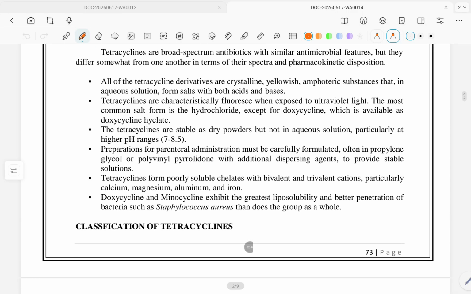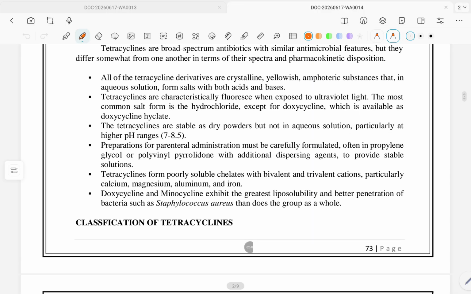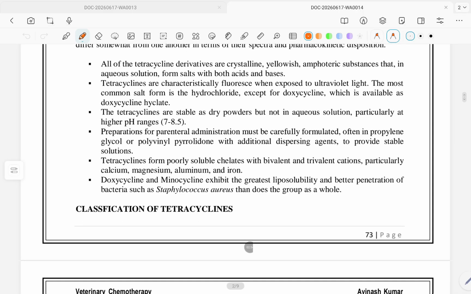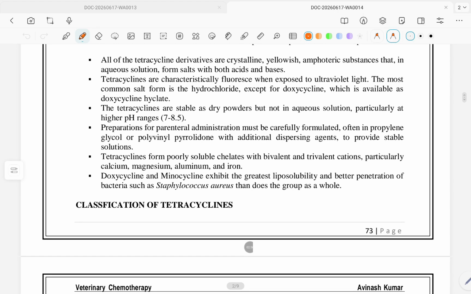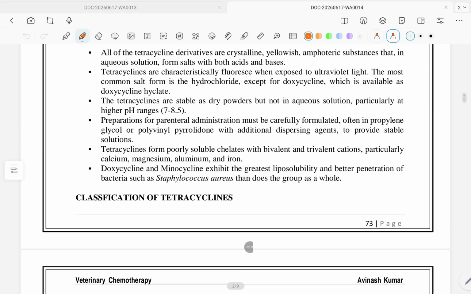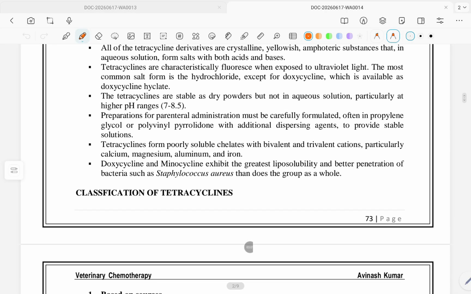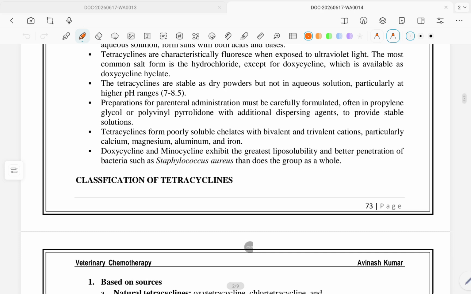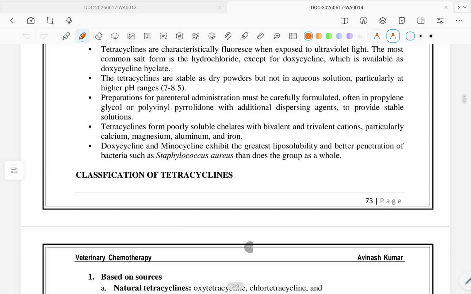The tetracyclines are stable as dry powder but not in aqueous solution, particularly at higher pH range 7 to 8.5. Preparations for parenteral administration must be carefully formulated, often in propylene glycol or polyvinylpyrrolidone with additional dispersing agents to provide a stable solution.